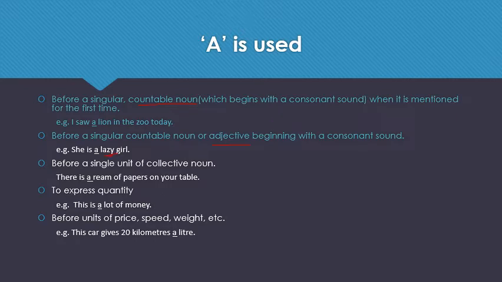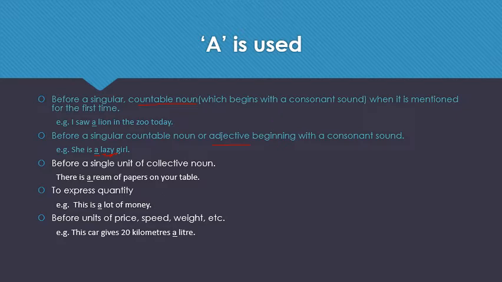So if it is coming before that, we're going to depend upon the sound of the adjective. She is an intelligent girl. In this case, we are giving preference to the sound of the adjective. She is a lazy girl.